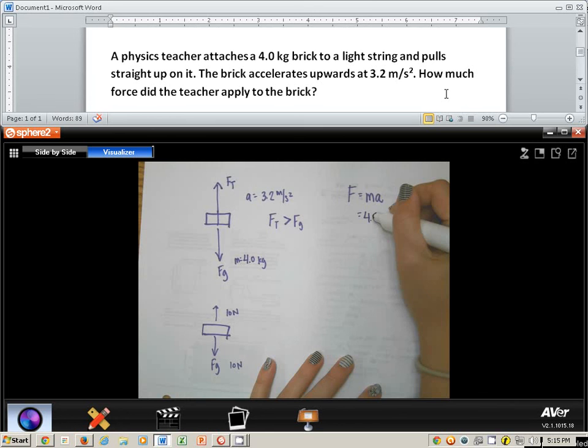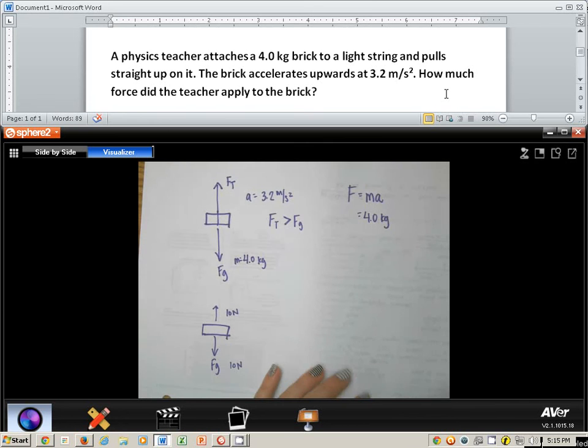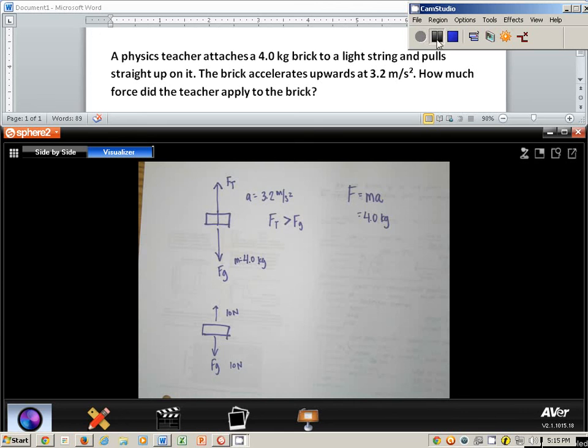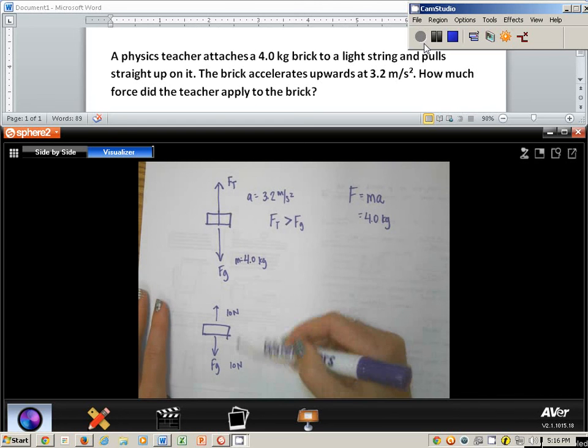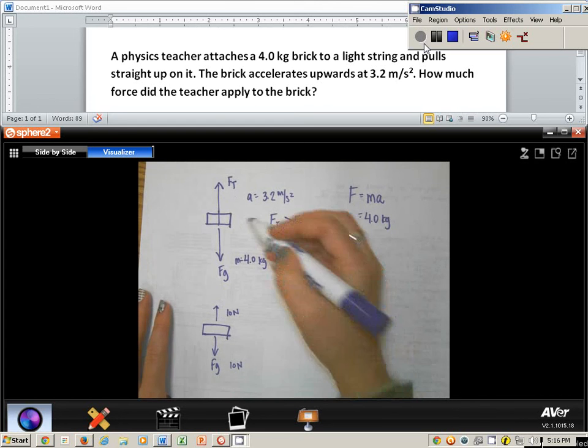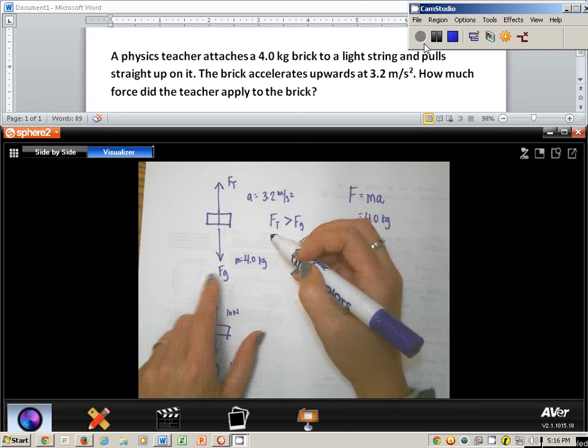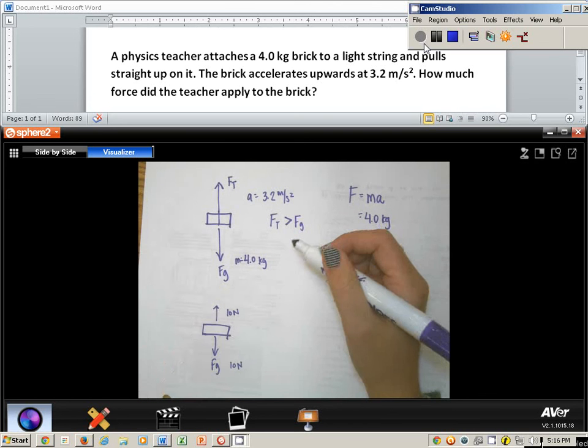And then what I can simply do is go from there and calculate the rest of my problems. Okay, in this particular situation, here's the deal. If we just said that the two have to be equal right here, if you pull up on this to just simply oppose gravity, you would be pulling up with a tension force that's equal to the Fg.